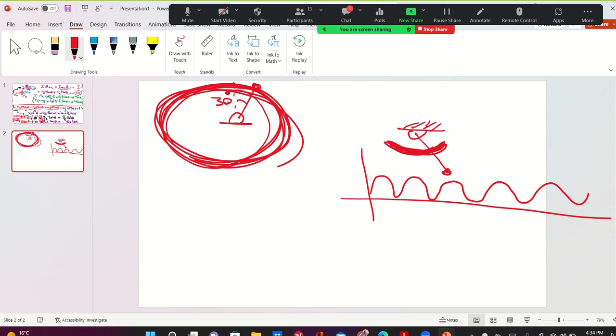Anything that has a changing velocity and has acceleration.